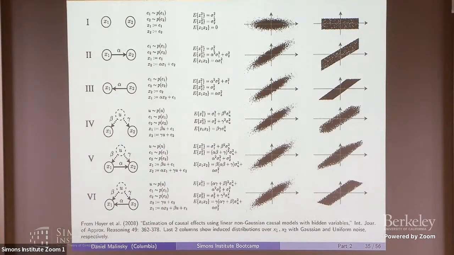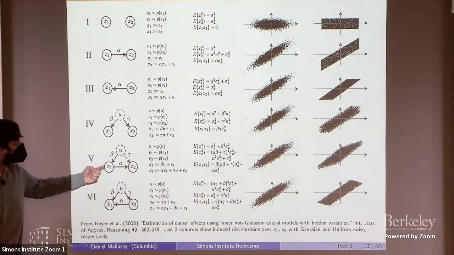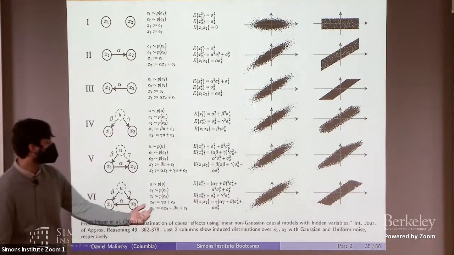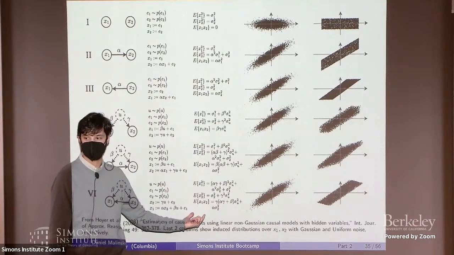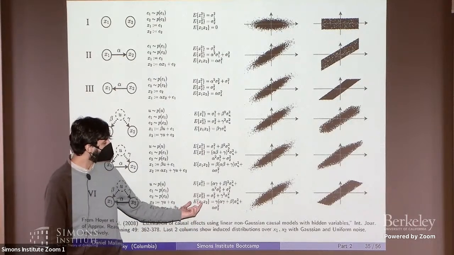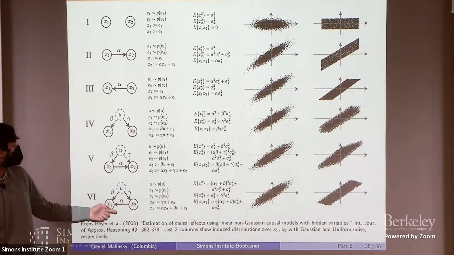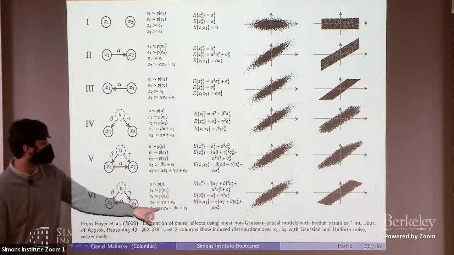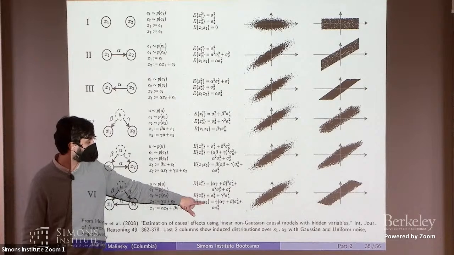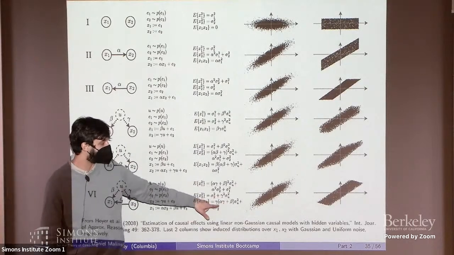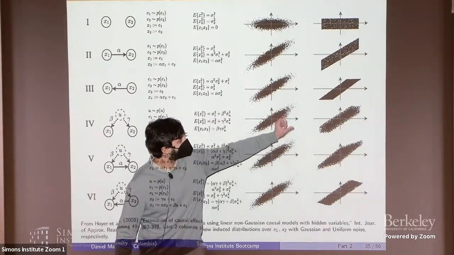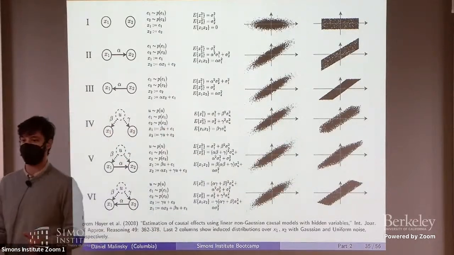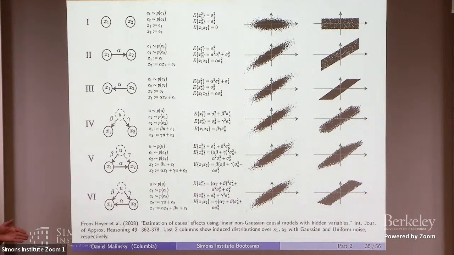If things were Gaussian, the covariance has a symmetric quality, so there's no way of distinguishing which direction it goes just based on this covariance matrix. But in the case where things are non-Gaussian, the residuals will have different orientations depending on which direction the influence goes.